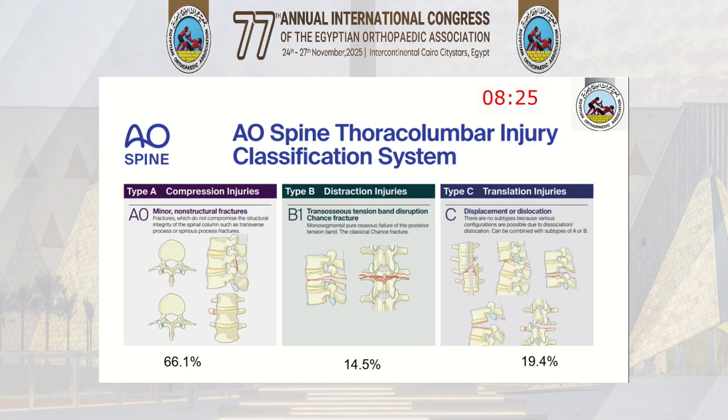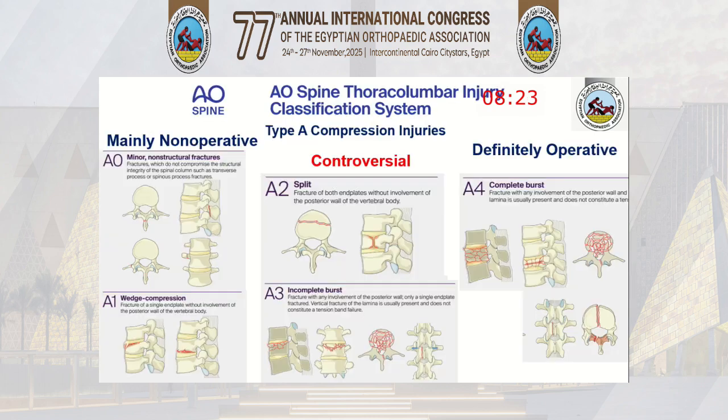About 2/3 are type A. From type A0 to A4: A0, minor fracture. A1, wedge compression. These are mainly for non-operative, conservative treatment. A4, complete burst. Everyone thinks about surgery. A2, split one. A3, incomplete burst. These are controversial.